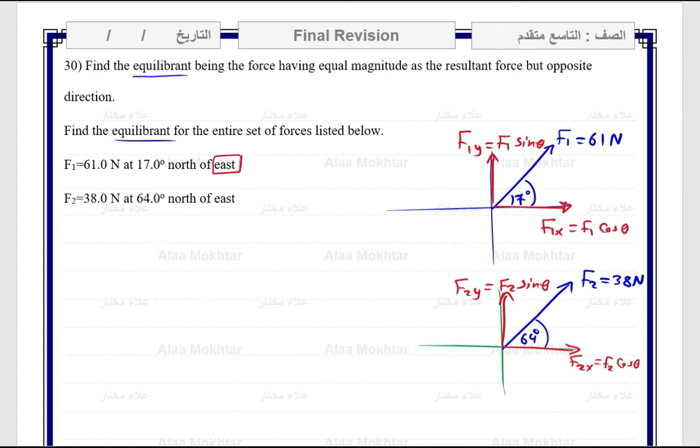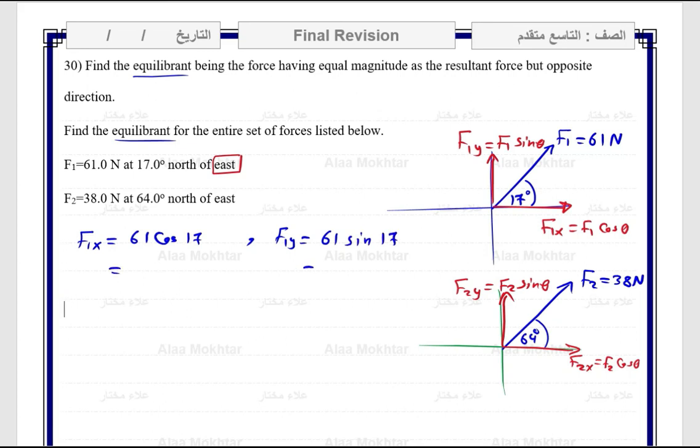Now we can write F1x equals 61 cosine 17, and F1y equals 61 sine 17.